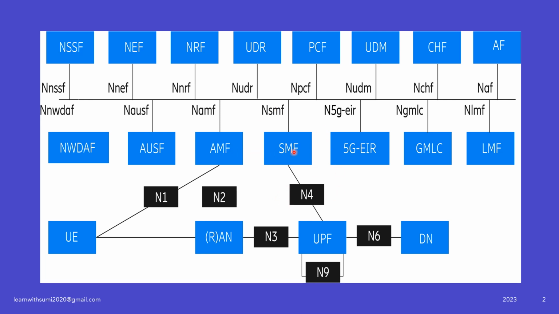Here we cannot see it, but there is a reference interface N11 between AMF and SMF. If you want to know more about the reference-based architecture, you can put it in the comment section.